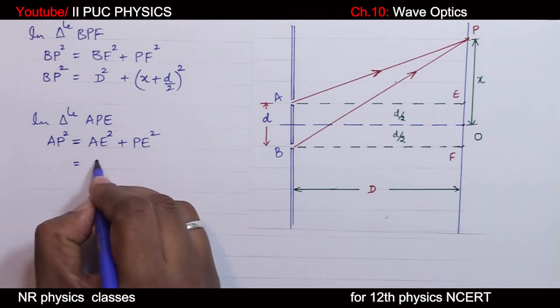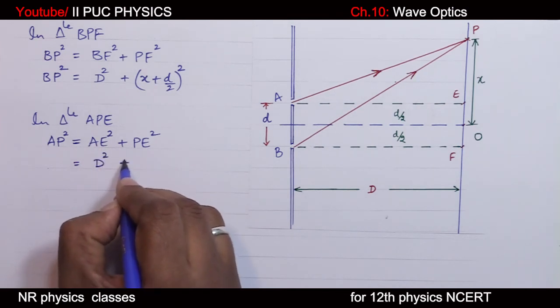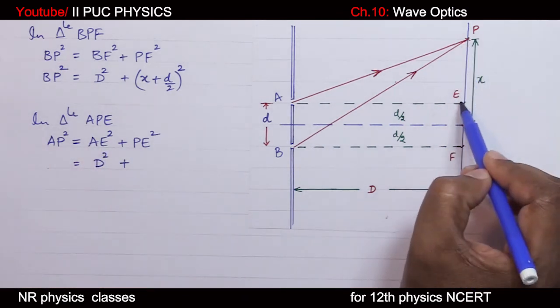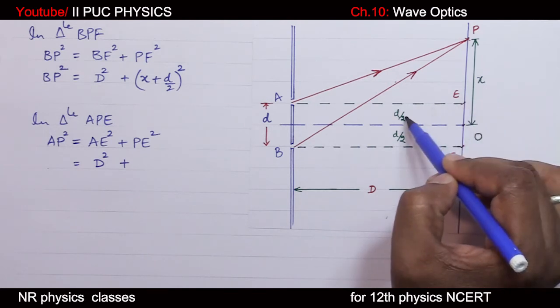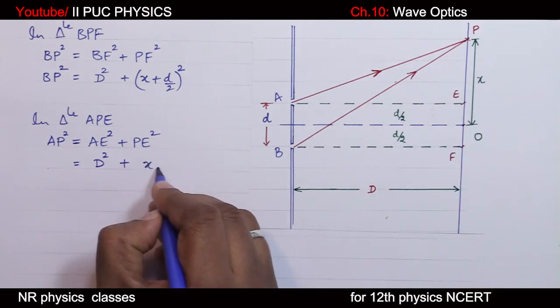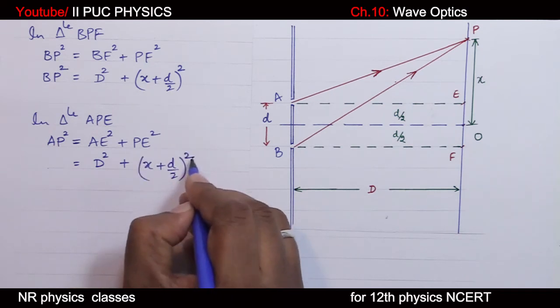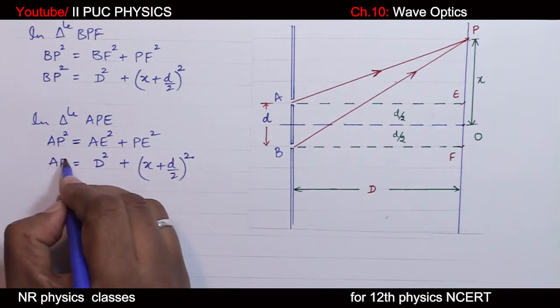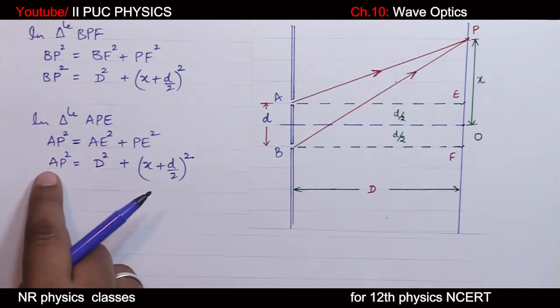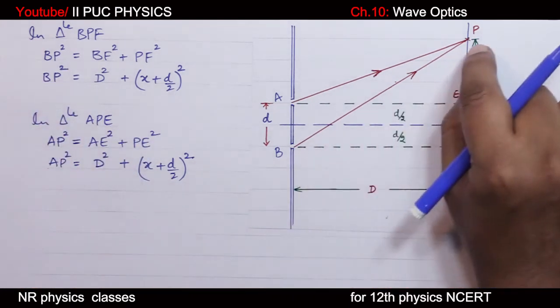AE square is nothing but D square, plus PE, which is x minus d by 2, isn't it? So it is x minus d by 2 whole square. This is AP square. BP is longer than AP. See, BP is longer than AP.